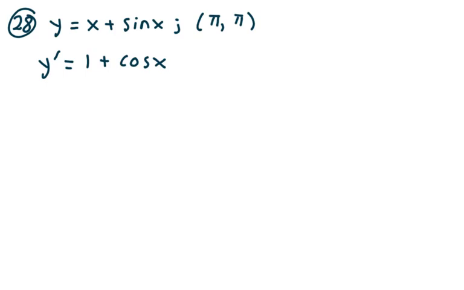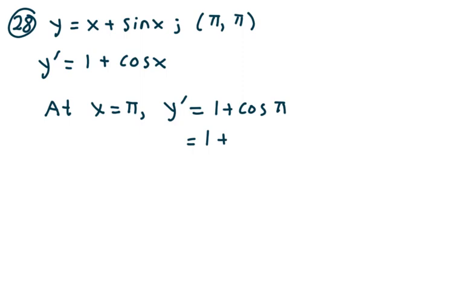The derivative of sine x is cosine x. Now, at x equal pi, y prime is 1 plus cosine pi, but cosine of pi is negative 1, right? And 1 plus negative 1 is equal to 0. Therefore, y prime is 0.